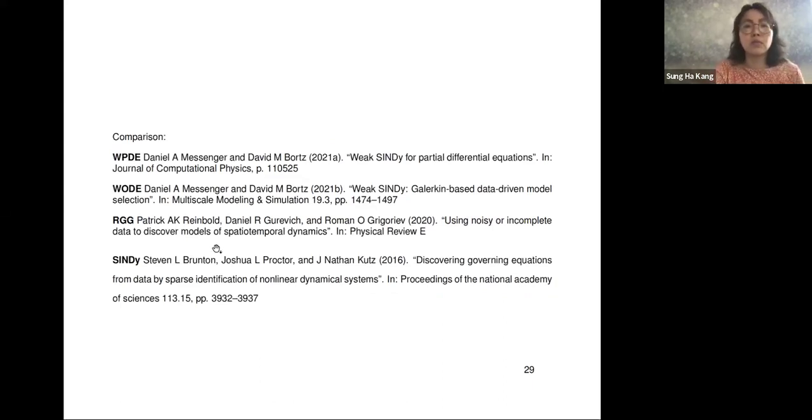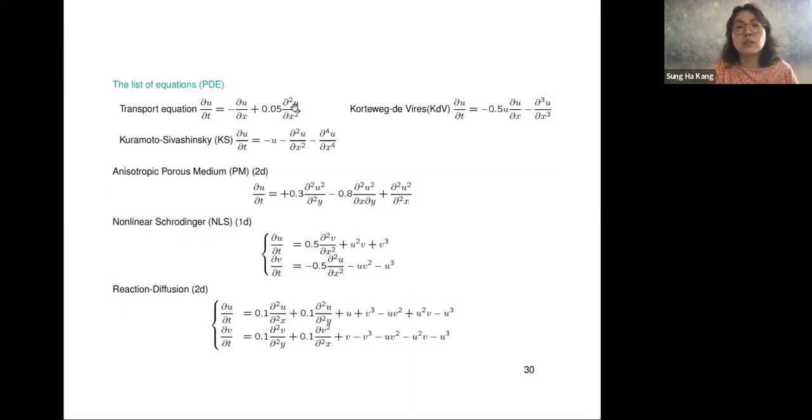So we compare with different methods. We compare with the WSINDy PDE, WSINDy ODE, and also Grigoriev's group using the weak form, as well as SINDy. We experiment on different equations.